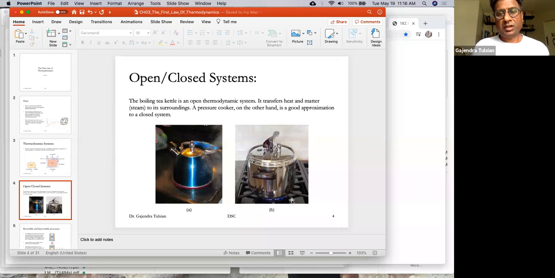As you add heat to the system, the number of particles are not changing. So in the open system, the number of particles change. In the closed system, the number of particles do not change. We will mostly deal with the closed system.